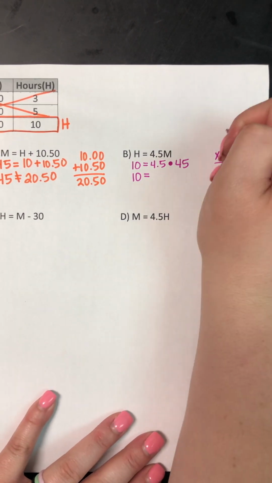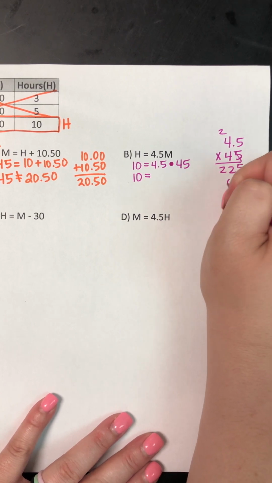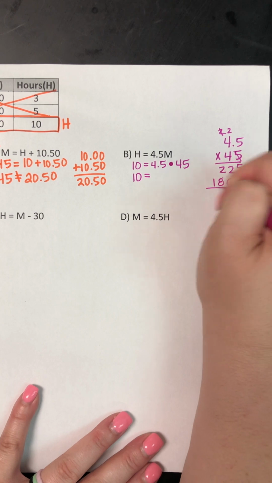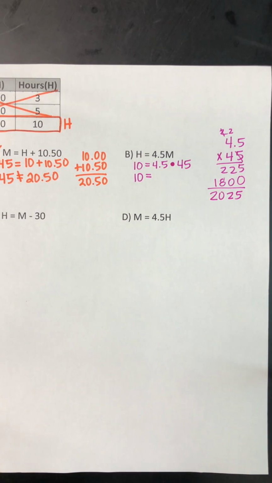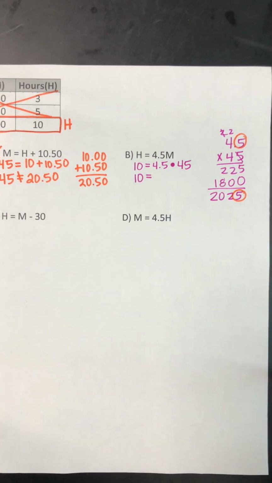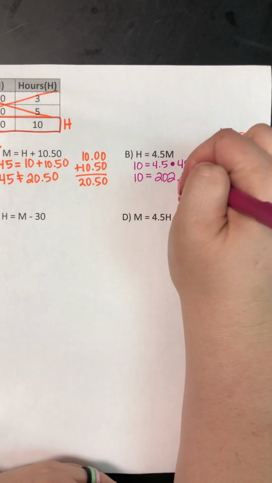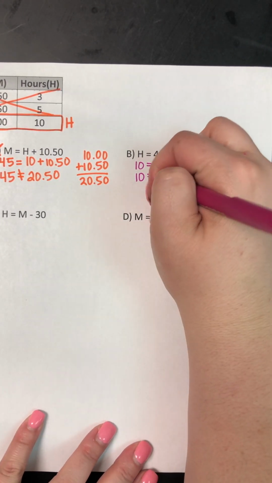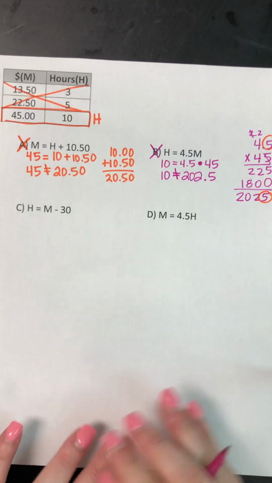If I multiply it out, I should get a quite large number. Remember, you have one decimal place, so you'll have one decimal place in the answer. So this is going to be 202.5. So 10 does not equal 202.5, and because they're not equal, B is not the right answer.